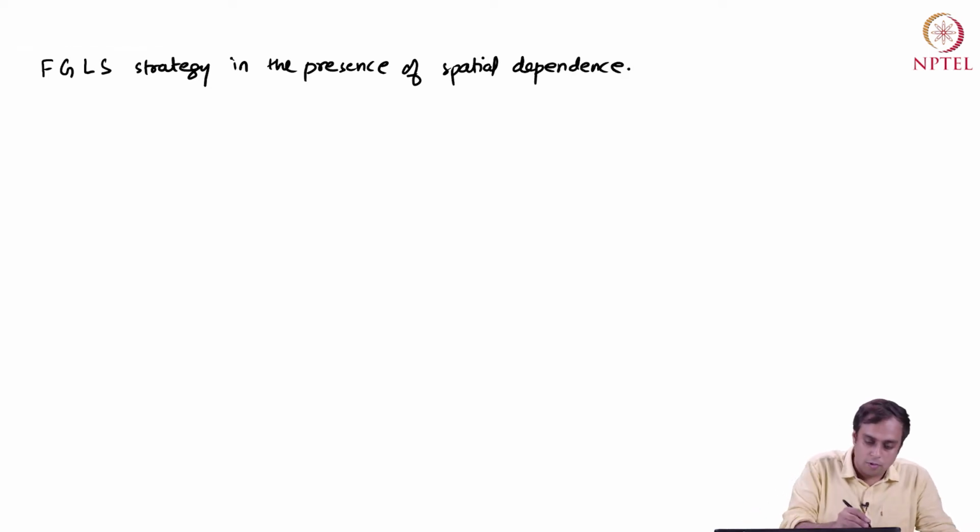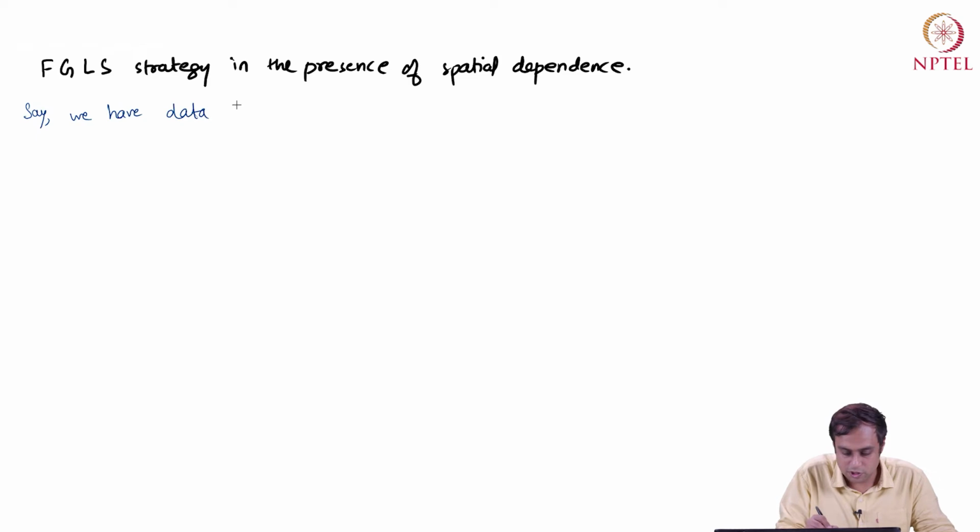Say we have data which looks like the following. Let's say we have data on P, which is the prices.